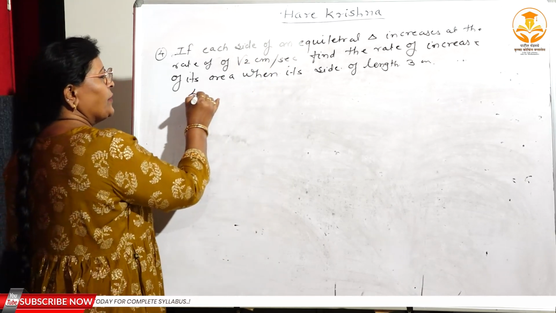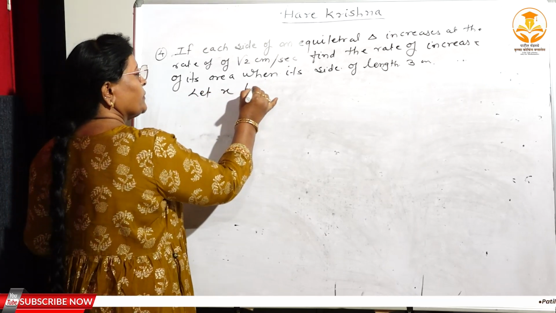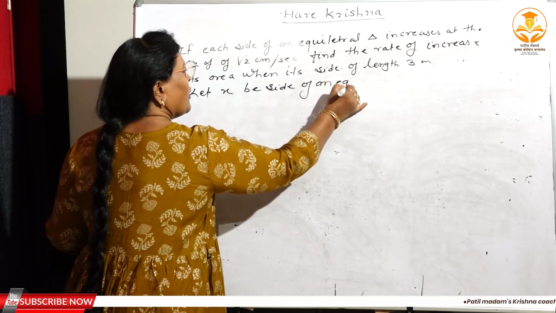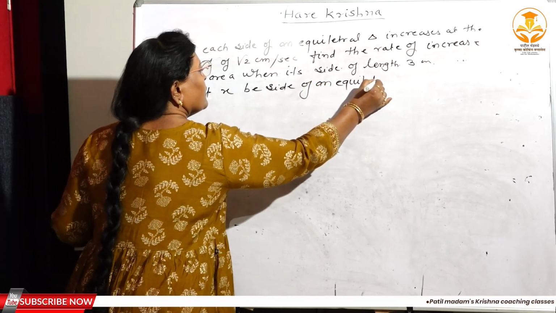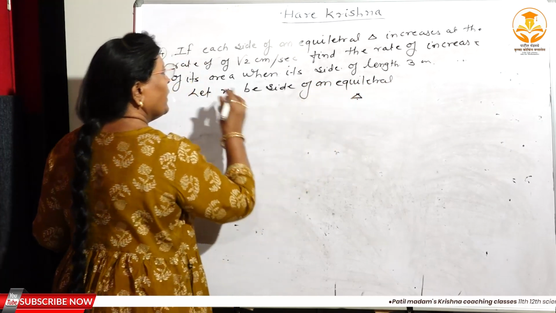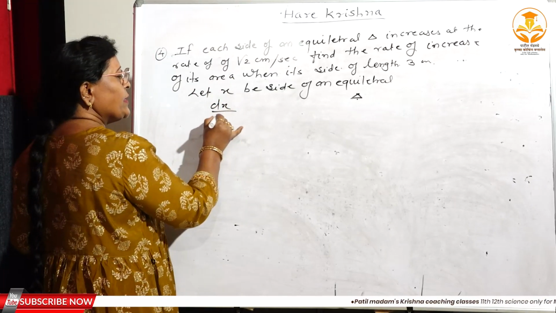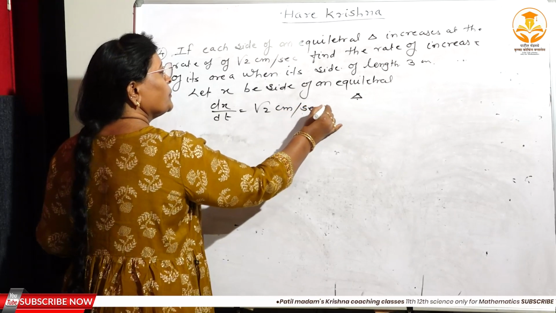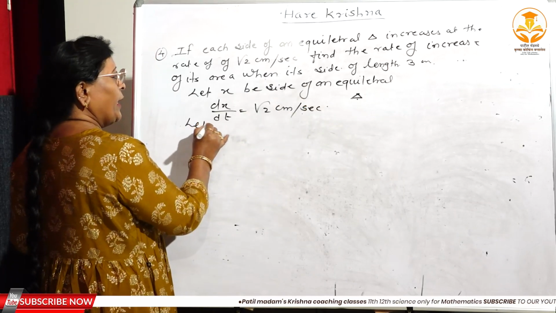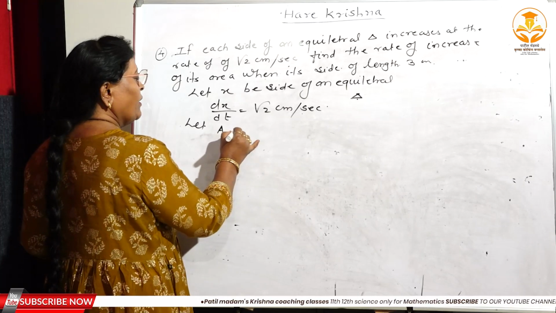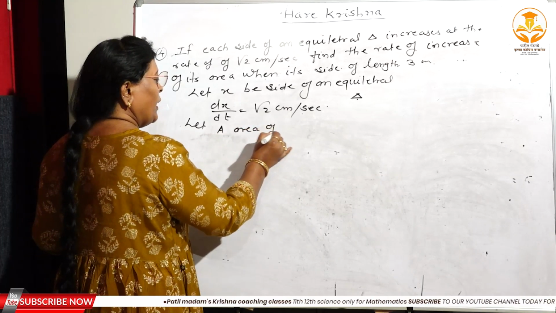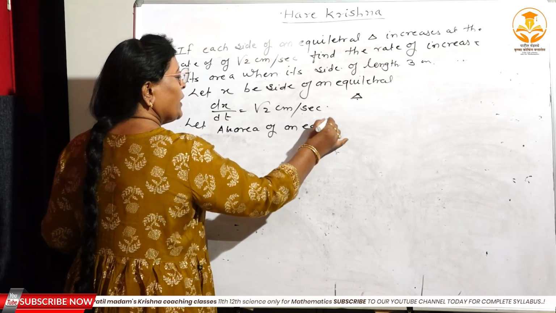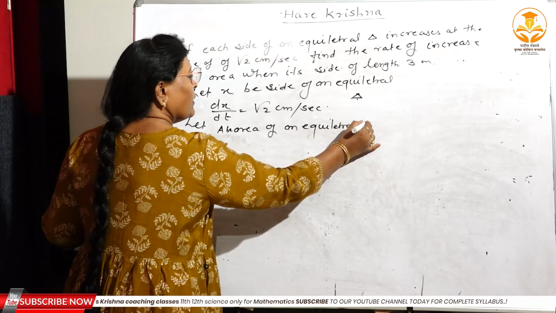Again, very simple. Let x be the side of an equilateral triangle. Isn't it? And its rate they have given, that is dx divided by dt, is equal to root 2 centimeter per second, isn't it? Let A be the area of an equilateral triangle.